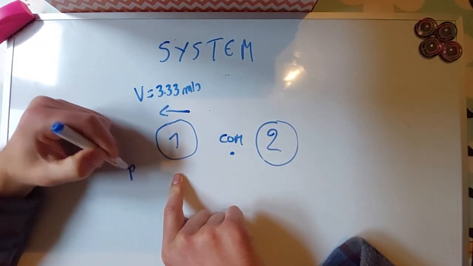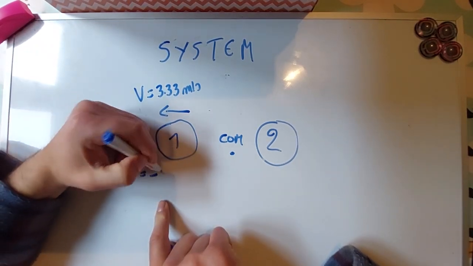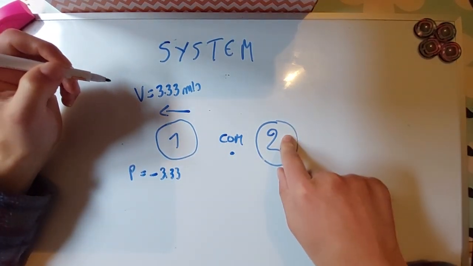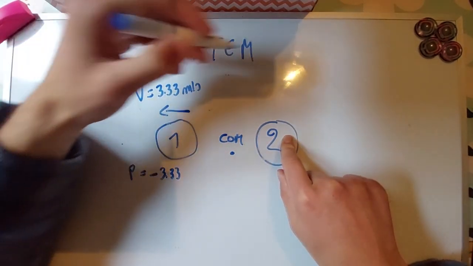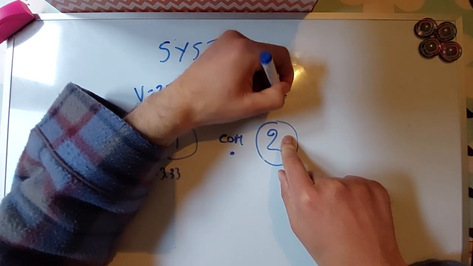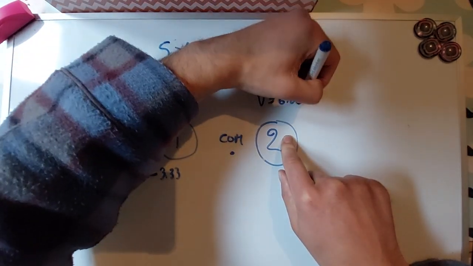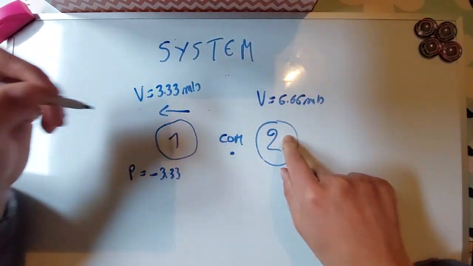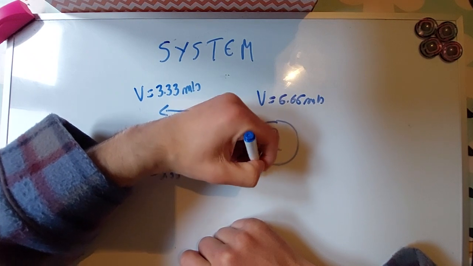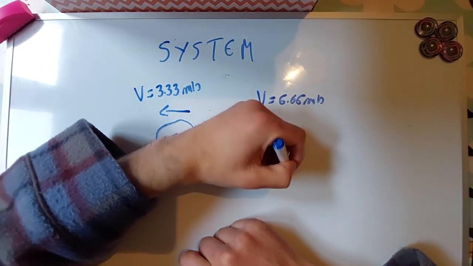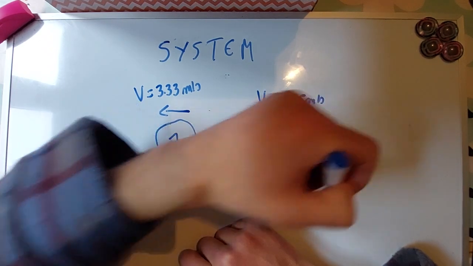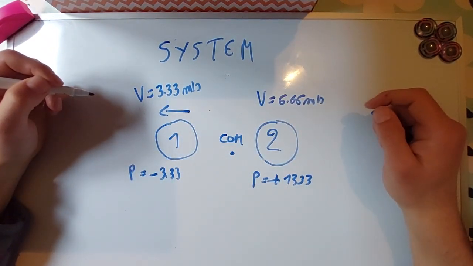So its momentum is also minus 3.33, and the 2 kilogram ball will leave with a velocity of 2/3 the initial velocity, which is going to be 6.66 meters per second. So its momentum will be 2 times that, positive 13.33 kilogram meters per second.